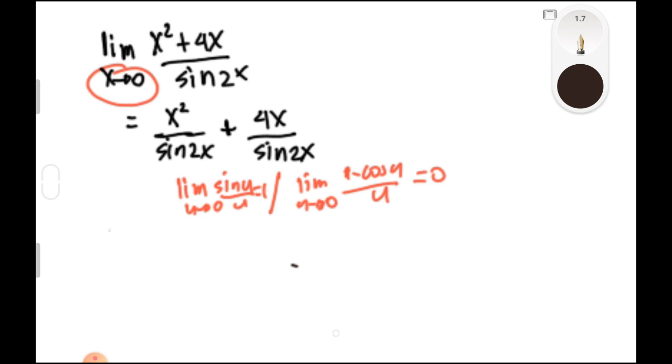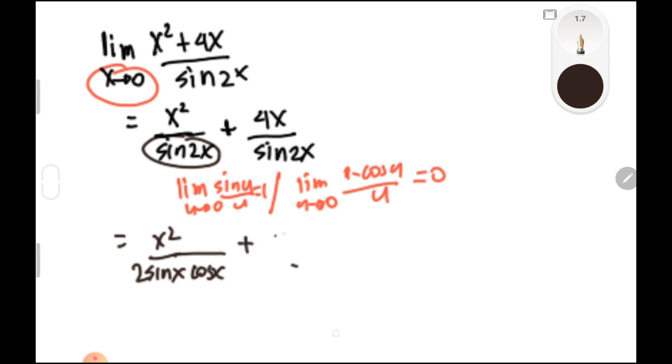In this, we have x squared over sine 2x. Take note that sine 2x, as I have said in our previous discussion, can be rewritten into 2 sine x cosine x. This is called the double angle identity, plus our 4x over sine 2x.